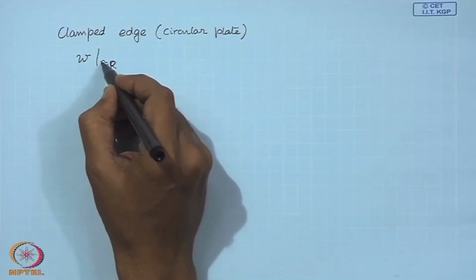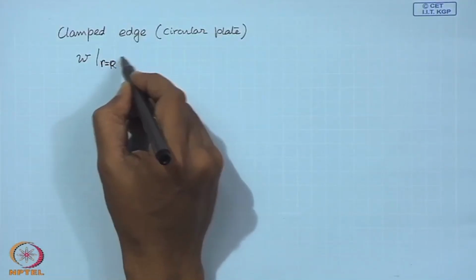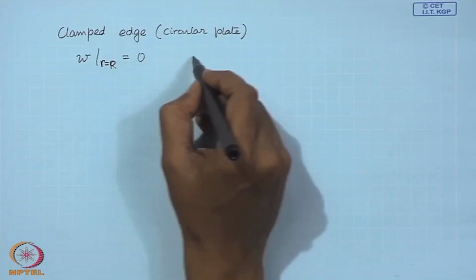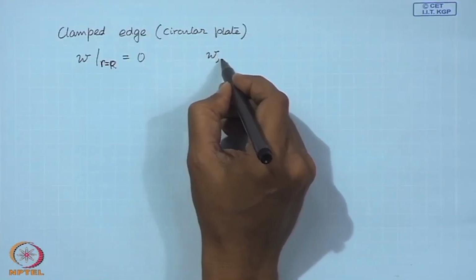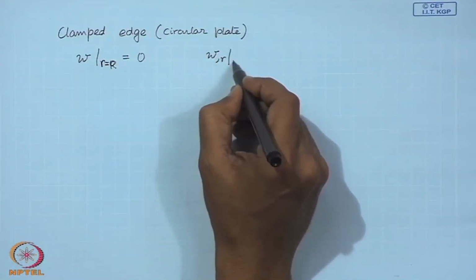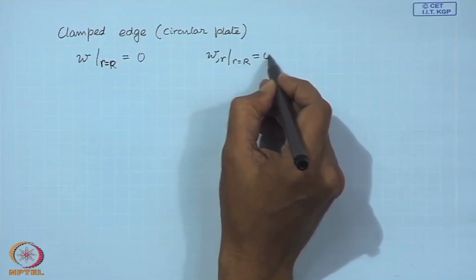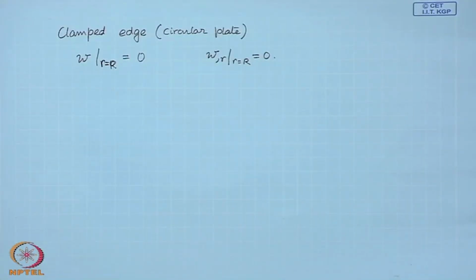The displacement at r equal to capital R is 0 and the slope is also 0.